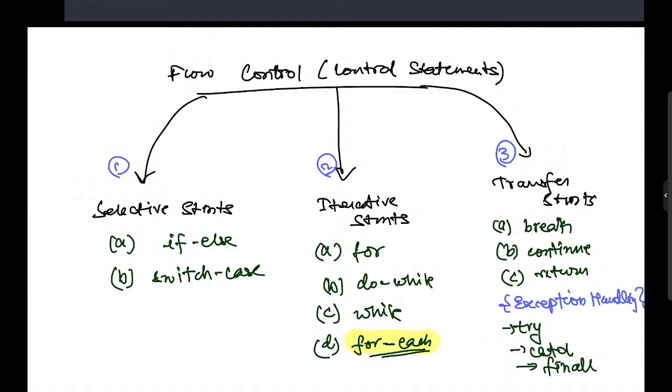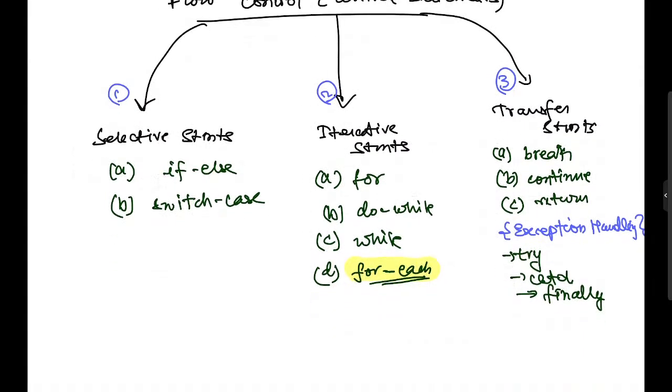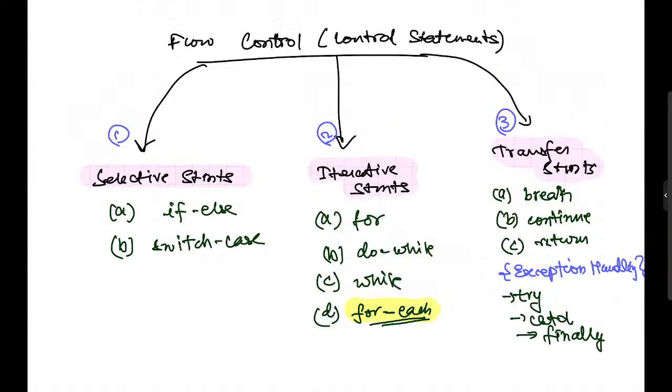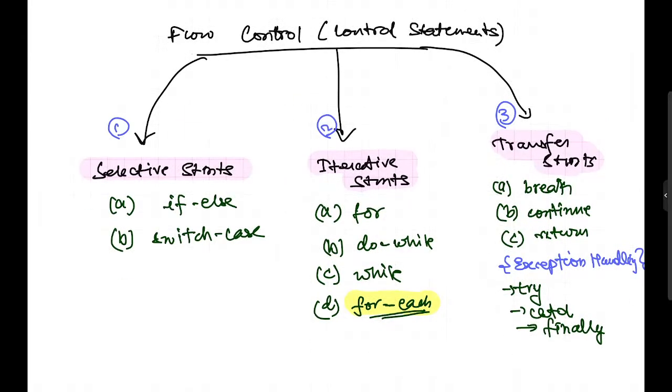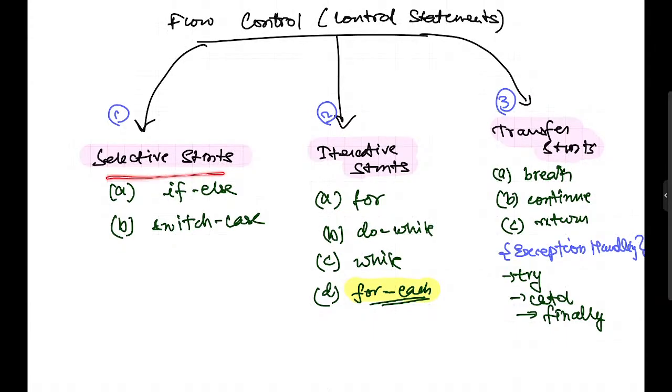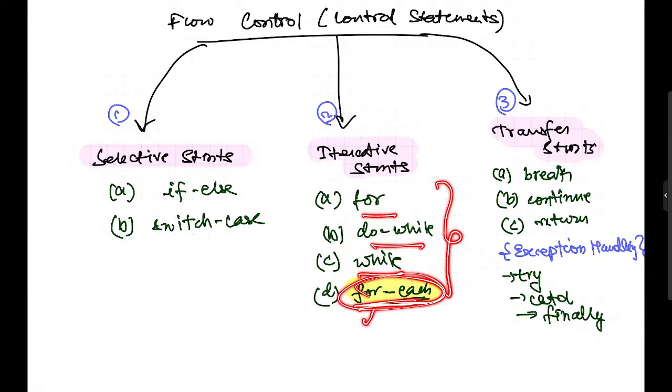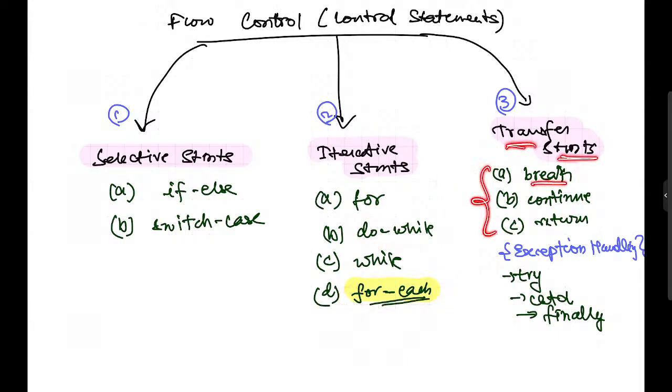So these are the flow control statements: selective, iterative, and transfer. In selective we have if else and switch case, in iterative we have for, do while, and for each, which we will learn when we understand arrays, as it is easier to understand there. And in transfer statements, we can understand break, continue, and return.